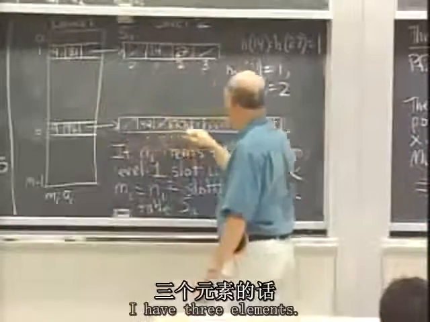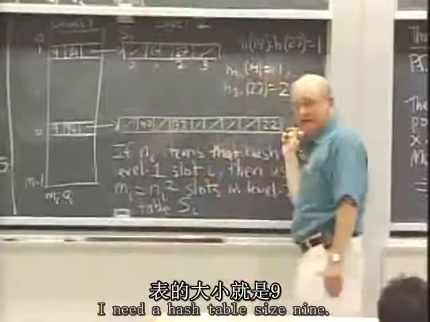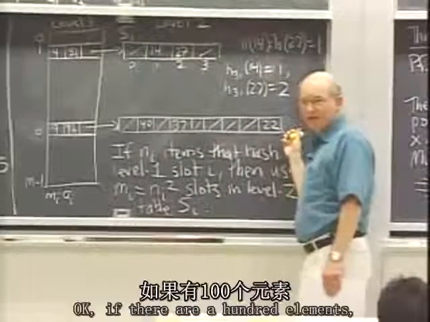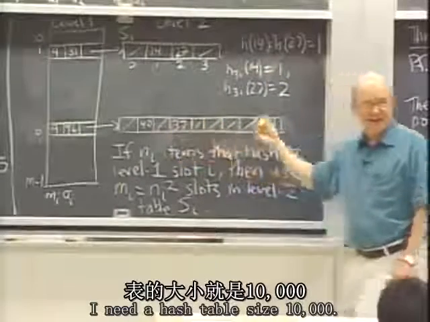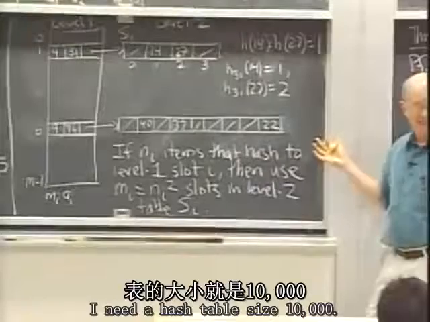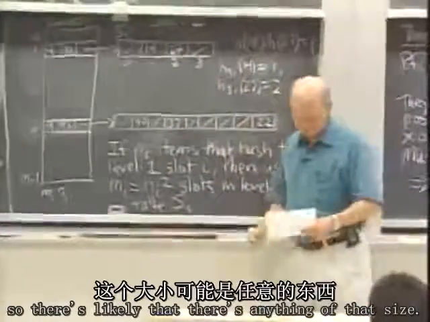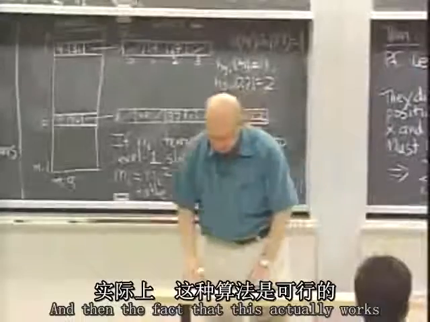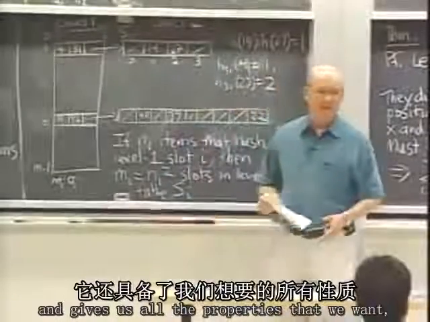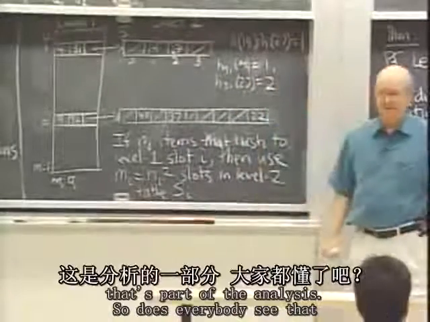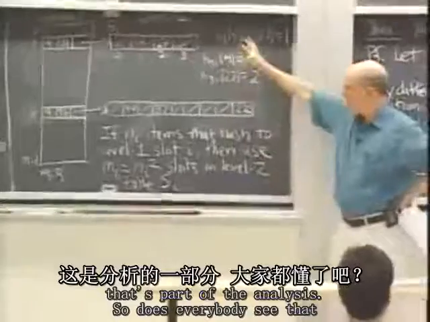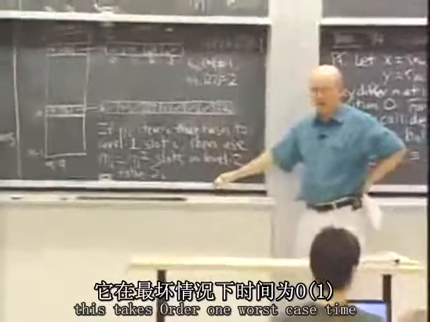Here I have 3 elements. I need a hash table of size 9. Okay, if there are 100 elements, I need a hash table of size 10,000. But I'm not going to pick something so it's likely that there's anything of that size. And then the fact that this actually works and it gives us all the properties that we want, that's part of the analysis. So does everybody see that this takes order 1 worst case time and what the basic structure of it is?